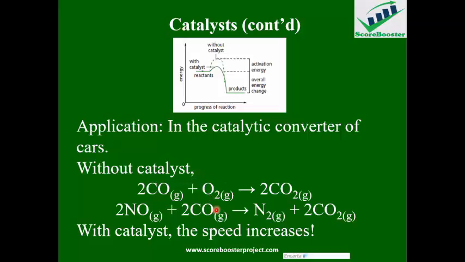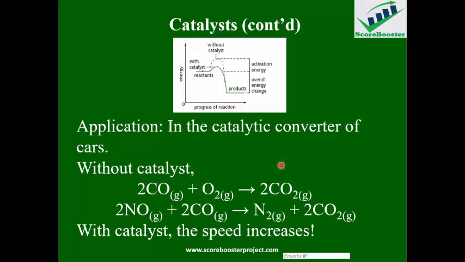So if some CO is reacting with this NO, the other ones, the excess CO from the internal combustion engine, if they don't meet with oxygen, will be released into the atmosphere. This reaction will not form.